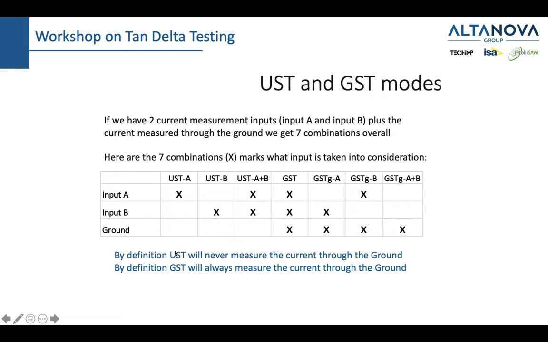So by definition, UST will never measure the current running through the ground, and the GST will always measure a current running through the ground.